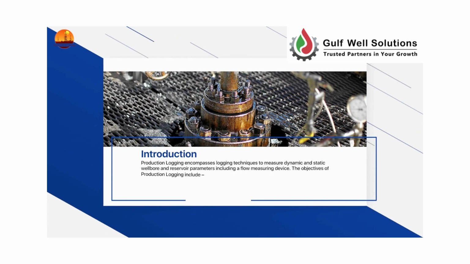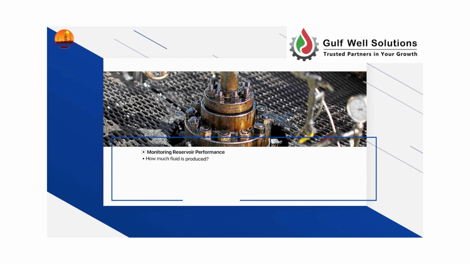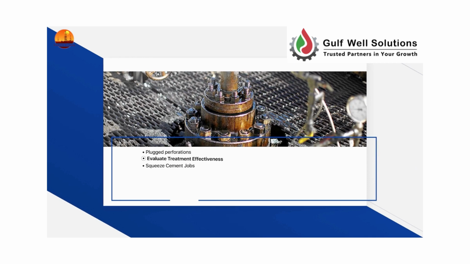The objectives of production logging include monitoring reservoir performance: how much fluid is produced, where the fluid is coming from, what type of fluid is produced, and where the fluid is going. They also include diagnosing completion problems such as casing leaks, tubing leaks, packer leaks, poor cement bond, and plugged perforations, and evaluating treatment effectiveness: squeeze cement jobs, bridge plugs, hydraulic fracturing, acid treatments, and conformance treatments.